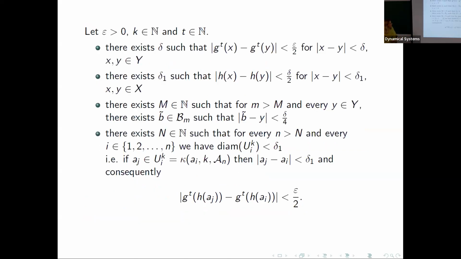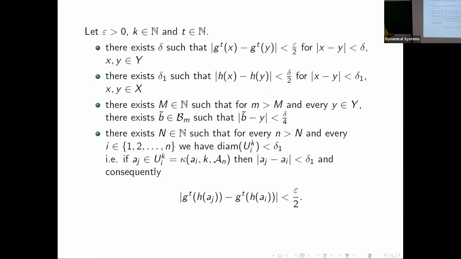But again, by using the fact that G is uniformly continuous on space Y, H is also a continuous map over compact spaces, so we can uniformly control the distances between the points.